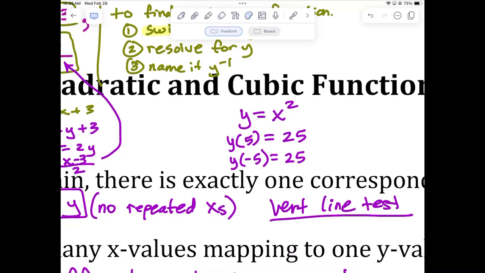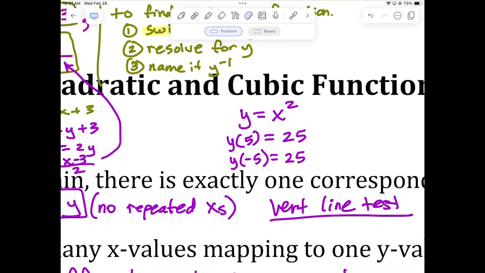Is x squared one-to-one? Each x maps to only one y, correct? Like if I plugged in a 5, where did the 5 go when I squared it? It went to 25, only one value, right? What happens if I plug in a -5? It only goes to 25, doesn't it? But do each of the y values come from only one x?